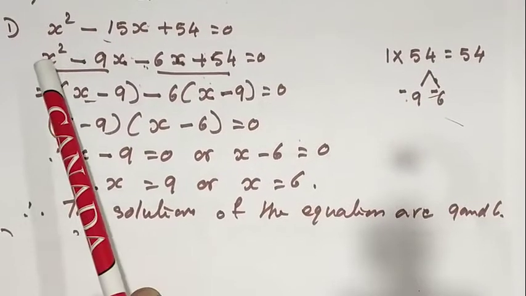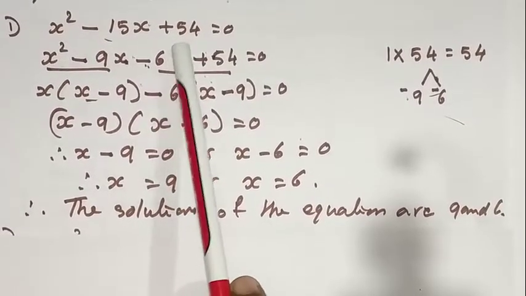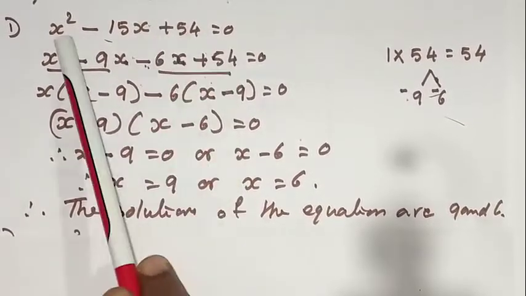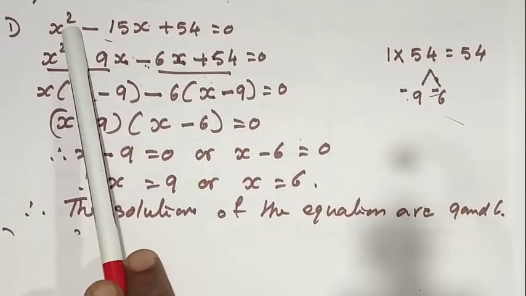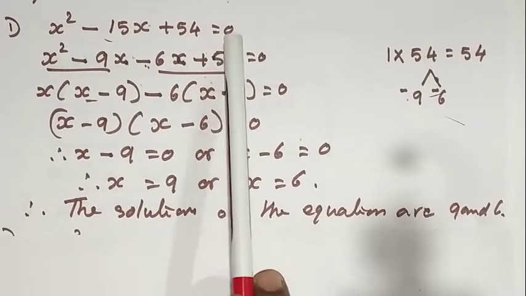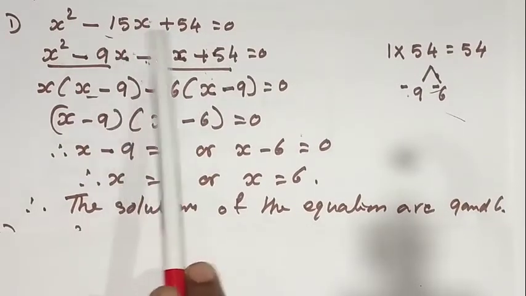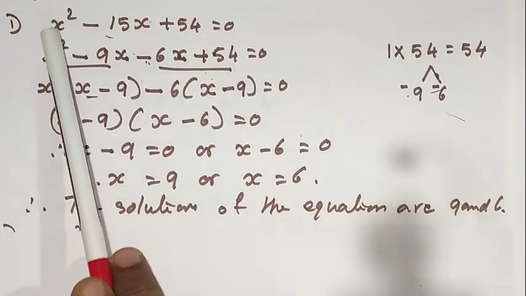Question number 1. x square minus 15x plus 54 equal to 0. Here we can see x is the only variable and the maximum index is 2. Therefore, this is a quadratic equation, with equal to 0 given. Now, the first step is to see what is the coefficient of the x squared term. Here the coefficient is 1.